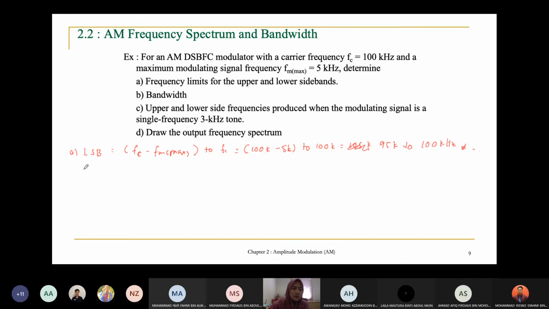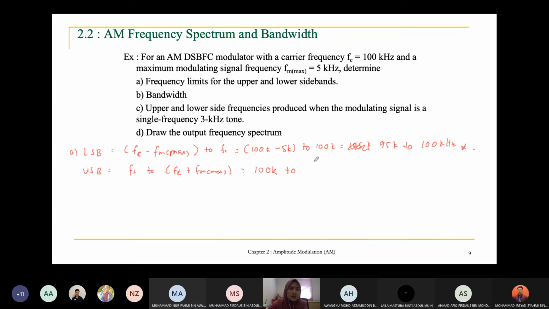For the upper side band, the frequency limit is from Fc to Fc plus Fm max. Fc is 100K plus 5K.